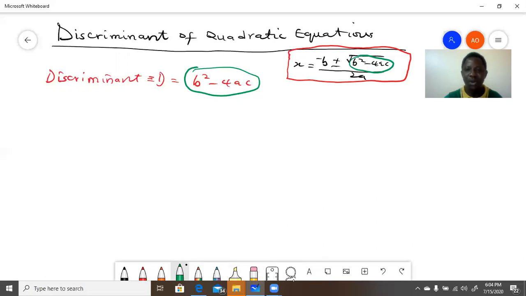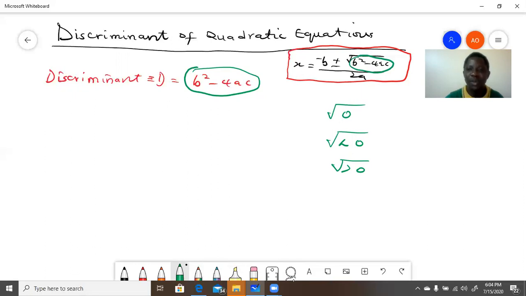That is, when you solve, under your radical, you can have 0, you can have a number that is less than 0, you can have a number that is greater than 0.